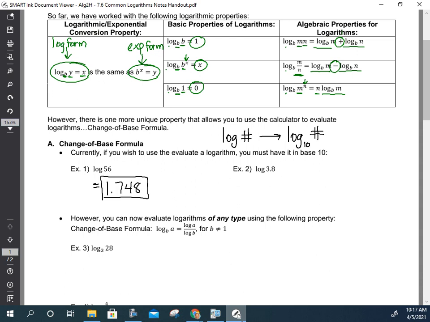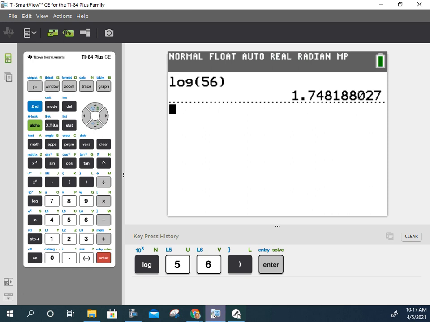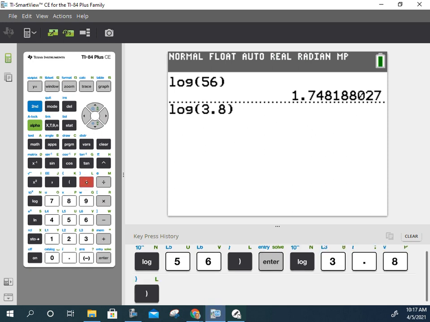And one more basic example, log 3.8. First log 3.8, close your parentheses. 0.5797. So again, you go to 3 decimal places, unless told otherwise. So 5797. That 7 is going to force the 9 to move up to the next number.